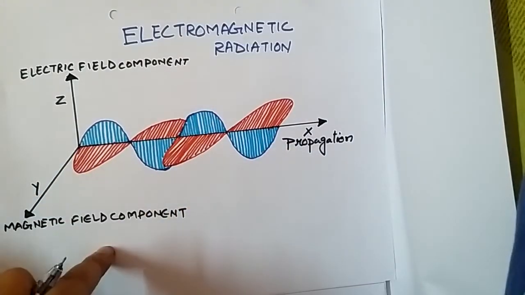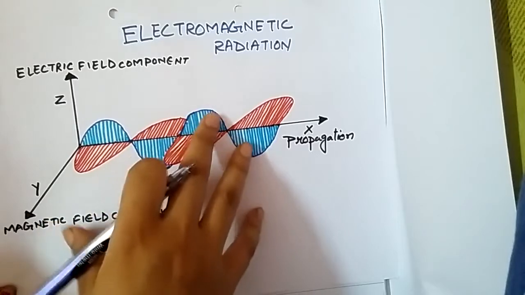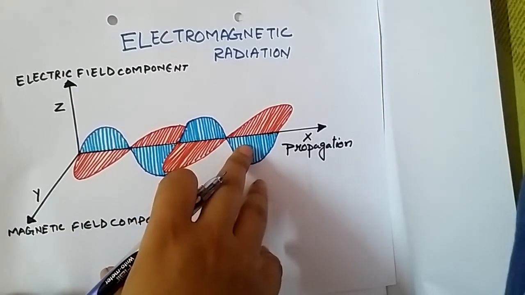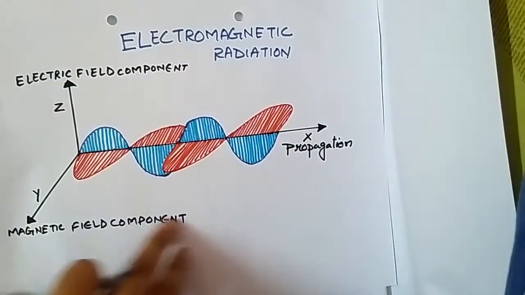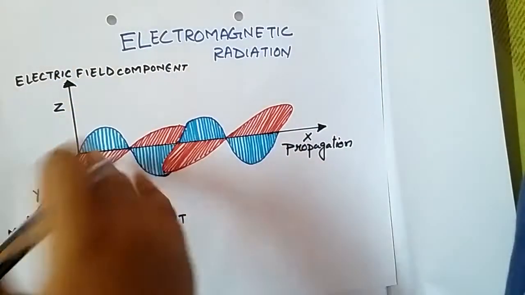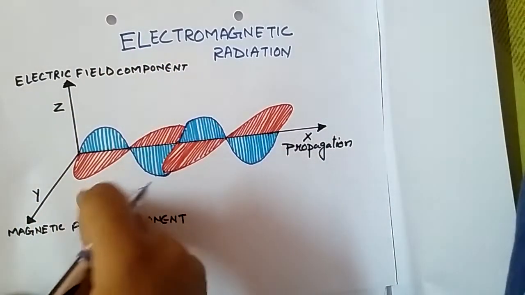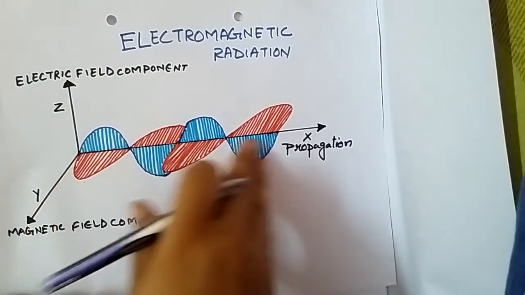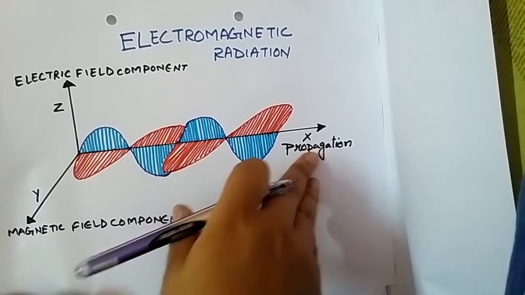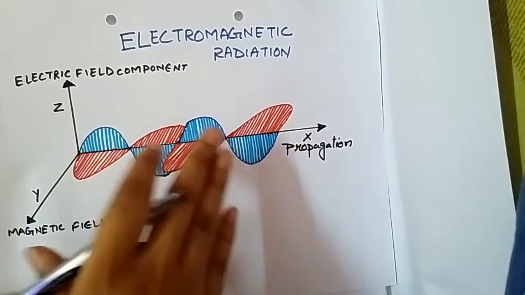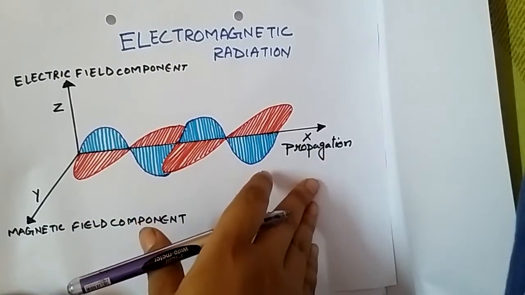Okay. Now this electromagnetic radiation has different characteristics. The first characteristic I've already discussed, that the electric field component and magnetic field component are mutually perpendicular to each other and to the direction of propagation of the wave. And the second one is they do not require any medium to propagate.